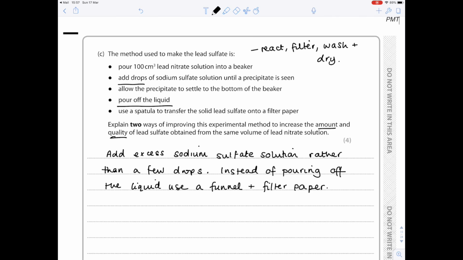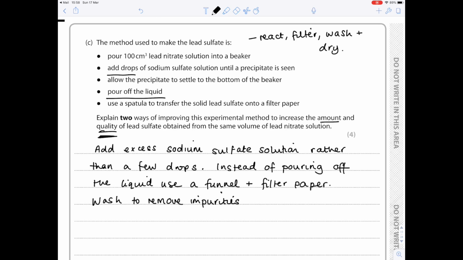Well, they haven't mentioned anything about washing. So you want to say wash to remove impurities. And that's getting the marking points associated with the quality of the lead sulfate. And lastly, leave to dry in a warm place. So really, I'm crowbarring my perfect answer as to how to make a precipitate into this question.